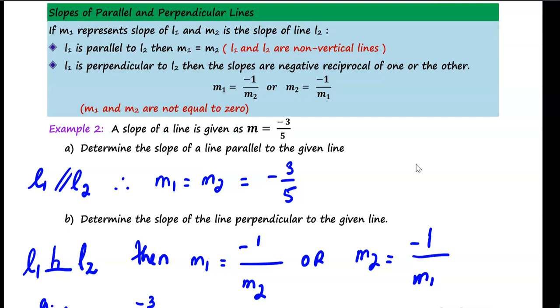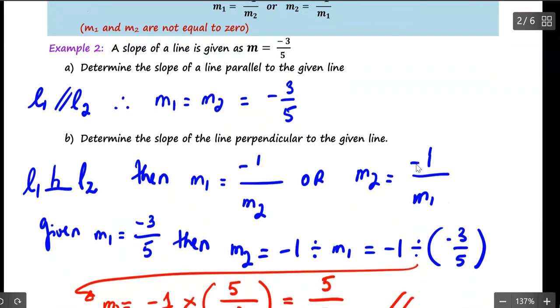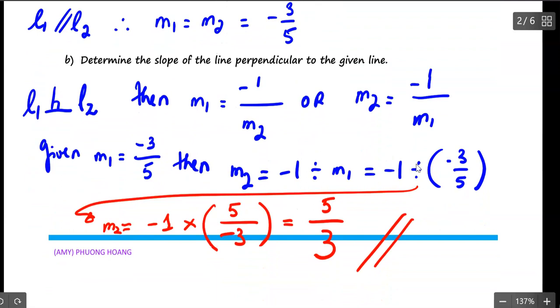However, in calculus, it is said that two parallel lines will meet at infinity, but we don't have to prove that in this class. When two lines are perpendicular to each other, there's a special formula. The slope of one is the negative reciprocal of the other. What is negative reciprocal? You take one slope and divide it into -1.